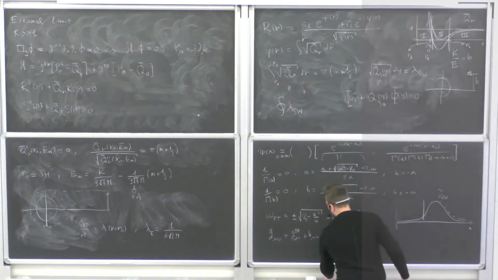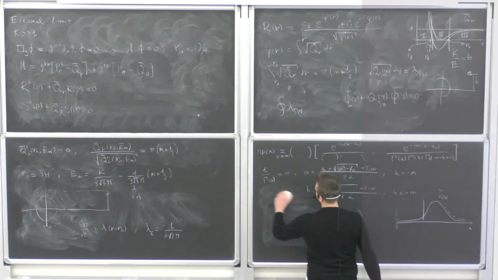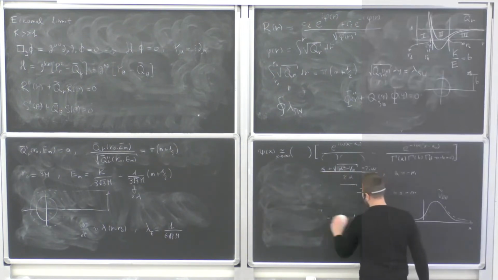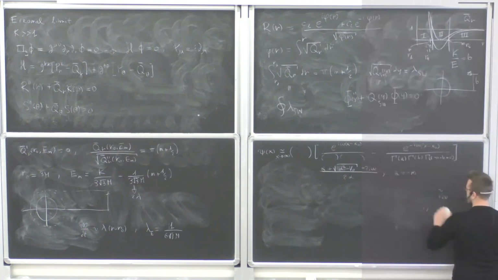Now, as Dario said before, you can represent the quantum Seiberg-Witten curve as a differential equation of the second order, and bring it to canonical form.